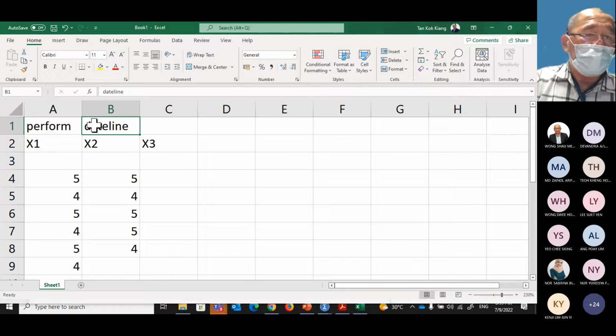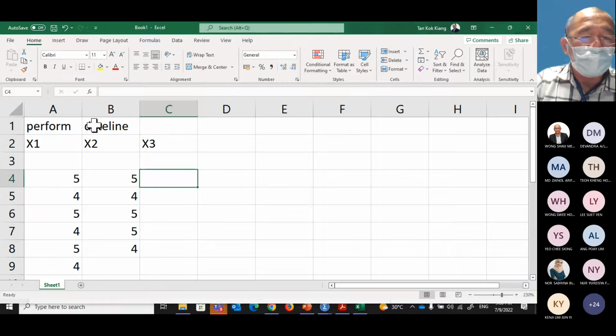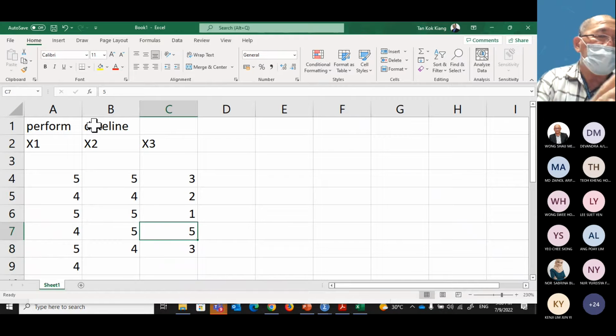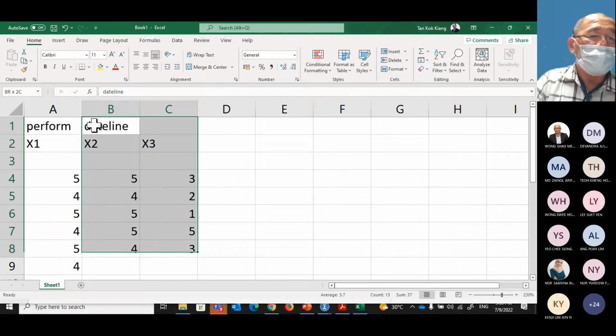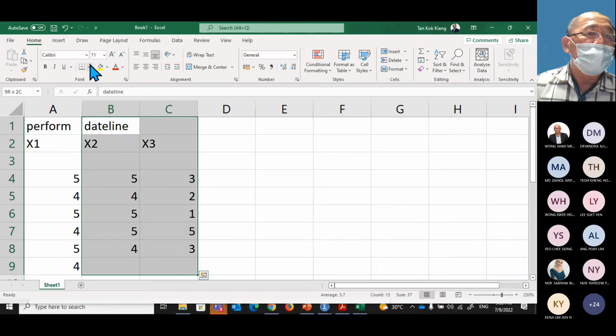If we see another example, x3. This is a different thing. Employee 1 answers 3. Here answers 2, 1, sometimes 5. You can see the pattern: x2 and x3 should be different things. They are supposedly measuring different things, so they should not group together.